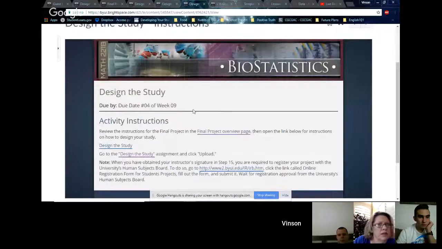How did you get to that page? On the design the study instructions. Okay, so on that page, below the final project overview. Oh, I see. There's two different design the studies. Okay, and it opened up a doc. Okay, sorry about that. No, that's okay.